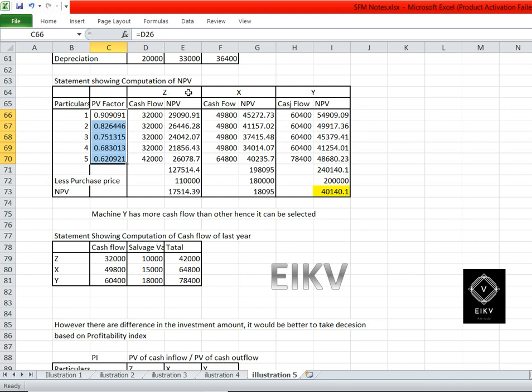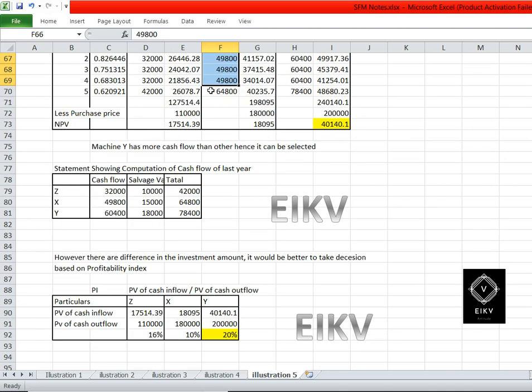Then we have 3 tables for X, Y and Z. I have written the cash flow for 4 years, which we have found from the above table: 32,000 for machine Z, 49,800 for machine X, and 60,400 for Y. Let's keep this table apart, and I will show you how to compute the cash inflow for the 5th year.